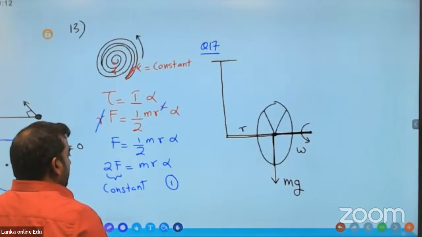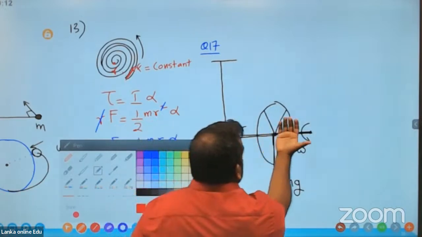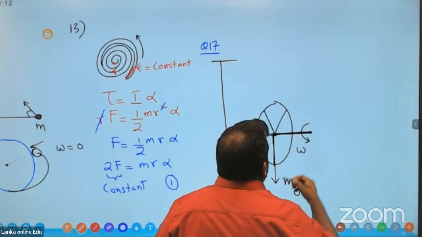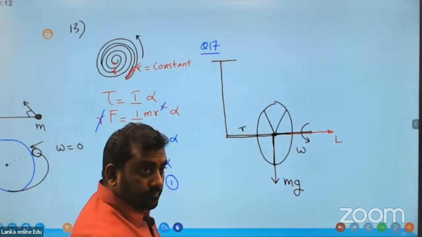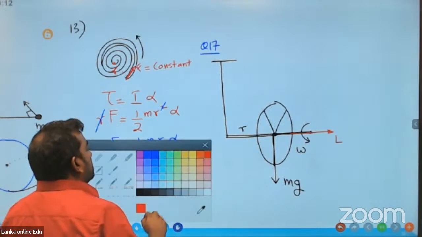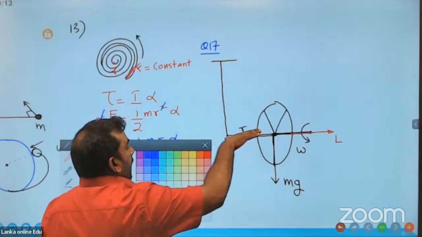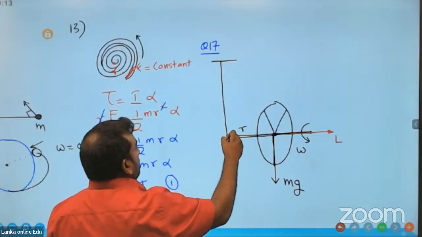So look at this carefully. I'll mark it in 2 different colors. Omega there means angular momentum will be in that direction, the L symbol. Torque will be acting perpendicular to this. RMG torque along the axis. Now rotating axis is here.